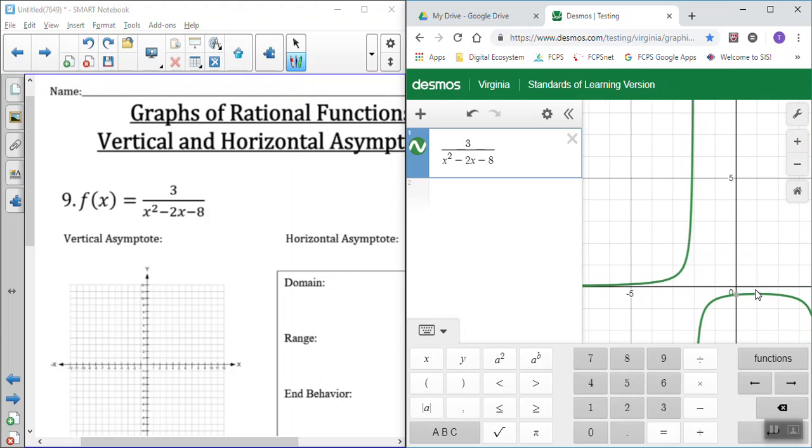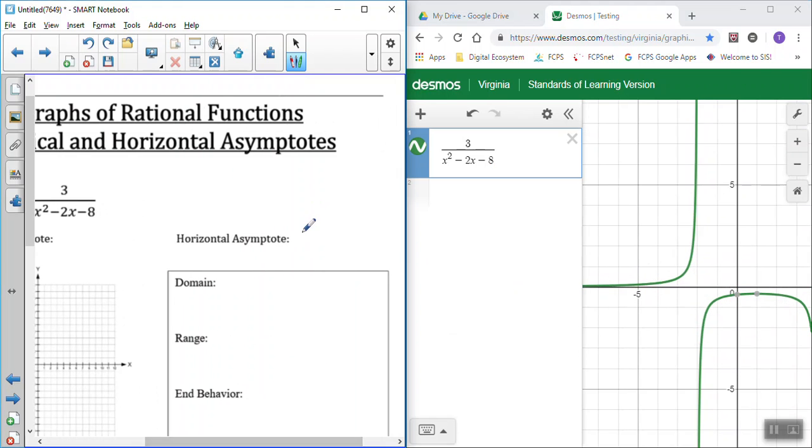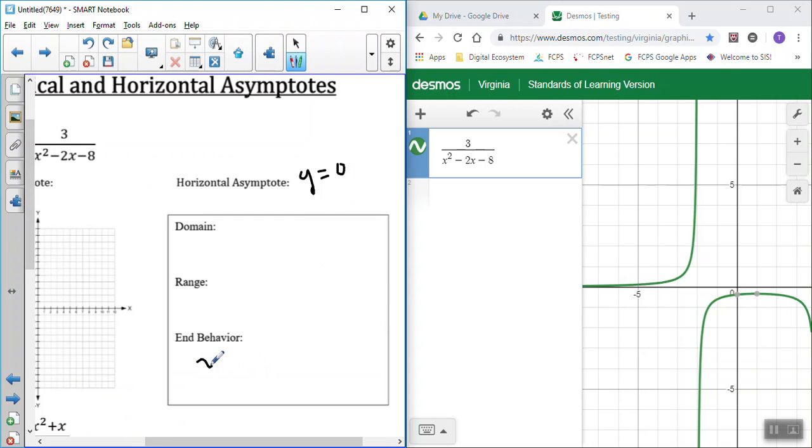Alright, and then it looks like my horizontal asymptote is at y equals 0. So this is what my end behavior would be for this. You can say as x approaches positive infinity, f of x approaches 0. It's the same thing as your horizontal asymptote. And as x approaches negative infinity, f of x approaches 0 as well.